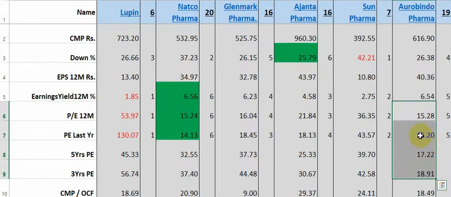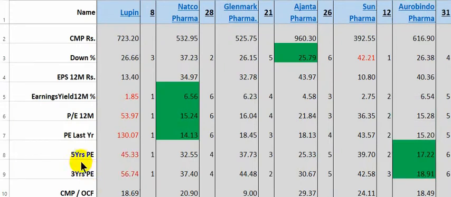So what happens is, when we understand the latest price earning multiple and last year's price earning multiple, we get a comparison and an understanding of where the current price earning is. And when we compare it with the historical price earning, we get a bigger, better picture of where the price earning multiple has been trading over many years.